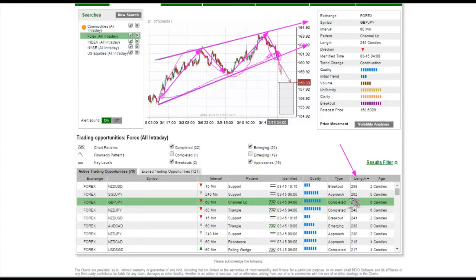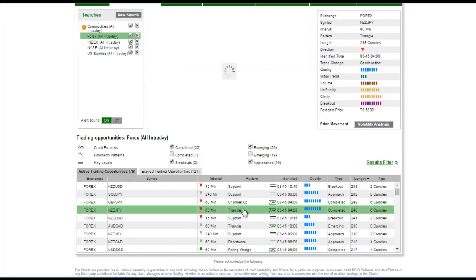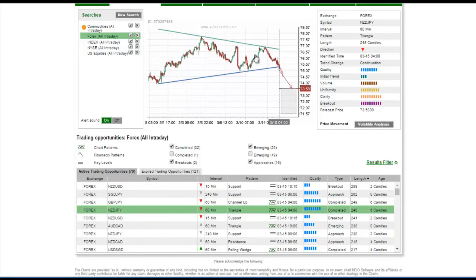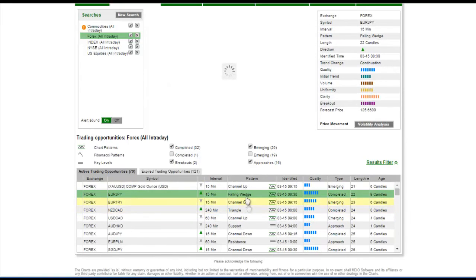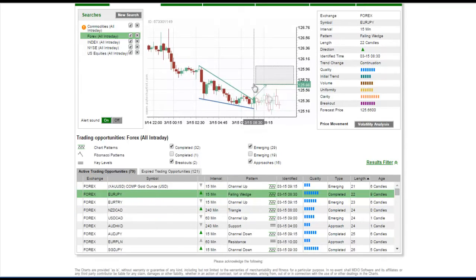If you start filtering by length, you're going to find patterns that have been winding up longer. As a breakout trader, that generally is a stronger sign for me that it's a higher quality pattern, because the market has had more time to digest the price action. If we flip to the shorter length patterns, that doesn't mean these patterns won't work out.